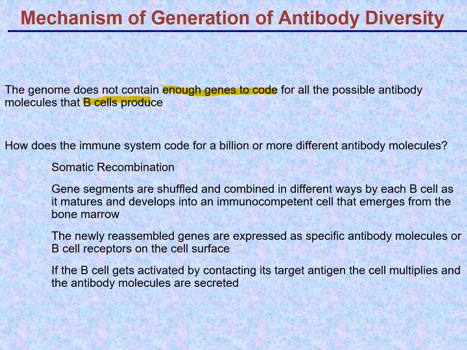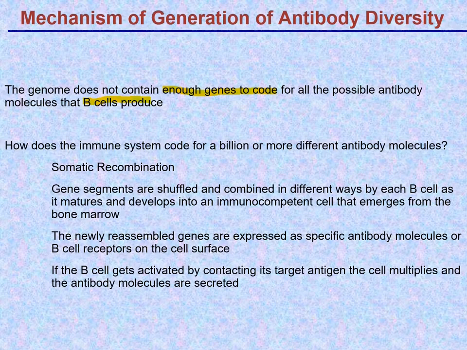There's a number of different gene segments, and in the DNA of the nucleus, there are many possible gene segments that could be used to build up and recombine together to build a gene coding for the whole strand.